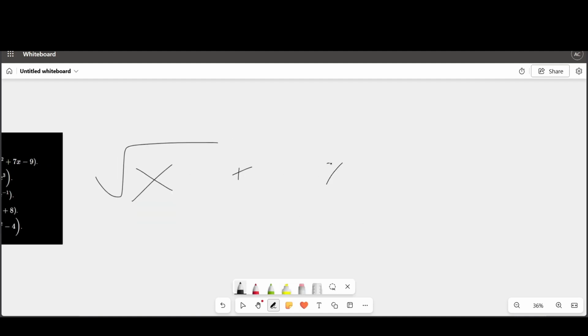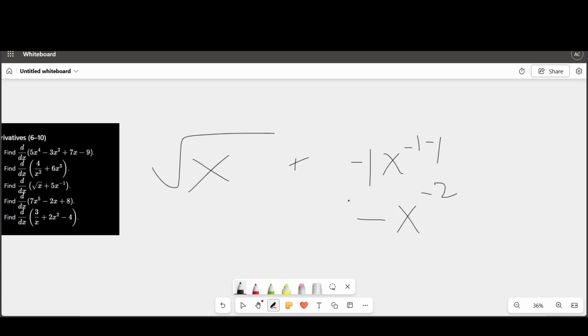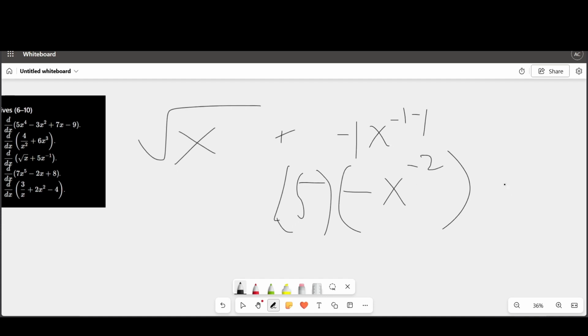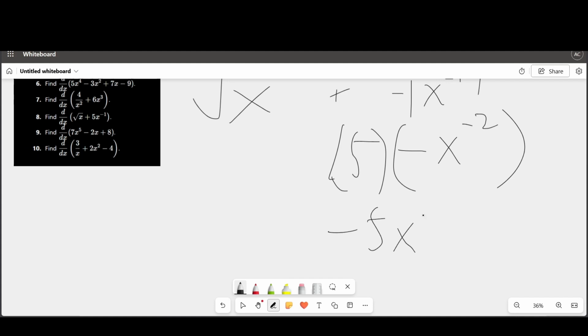Just have to add minus 1 over here. Minus 1 is going to be negative x to the power of -2 times positive 5. Is that okay? So it's gonna be -5x to the power of -2. Then we'll have the x over here plus that.